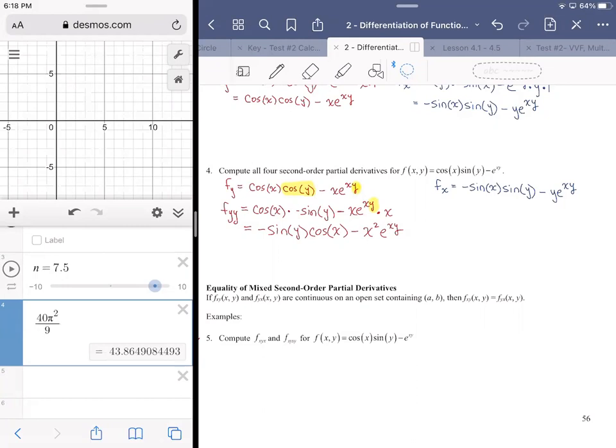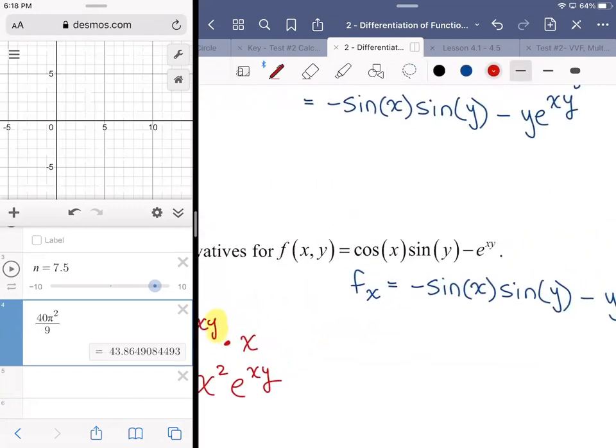And so you wouldn't have to write this out, but I would want you to consider it. You'd look at the different functions as being cosine x, sine of y, and e to the xy. All right.